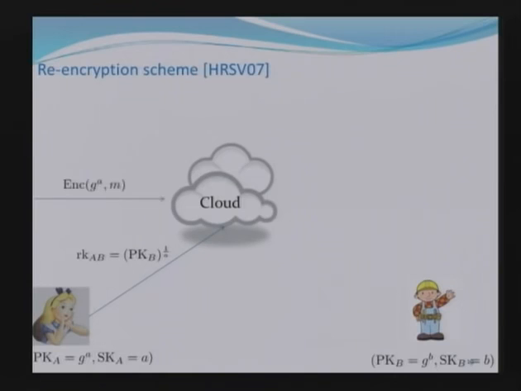Okay? And now when the cloud gets an encryption of message M under Alice's public key, which is G to the A, it can translate it into an encryption of the same message M under Bob's public key, G to the B, making use of the re-encryption key, RKAB.